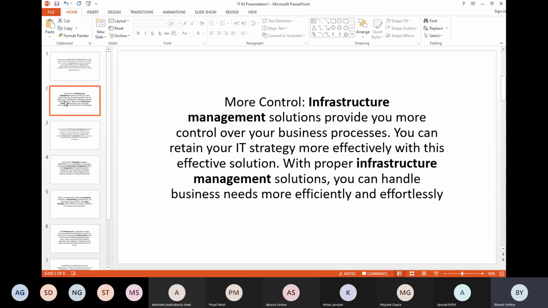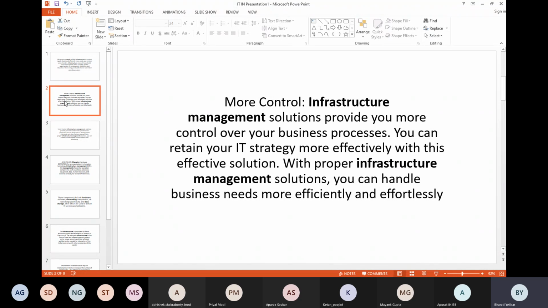Now, what about more control? Infrastructure management solutions provide you more control over your business processes. You can retain your IT strategy more effectively with this solution.